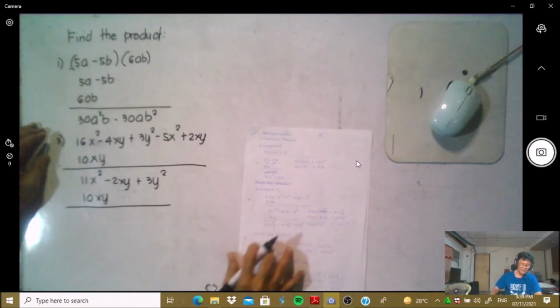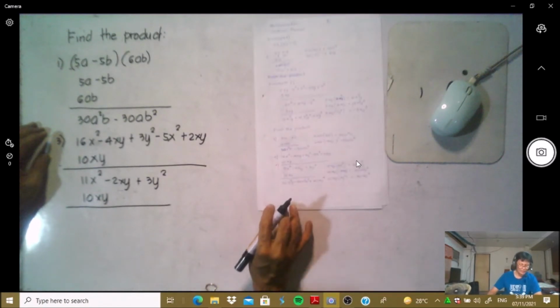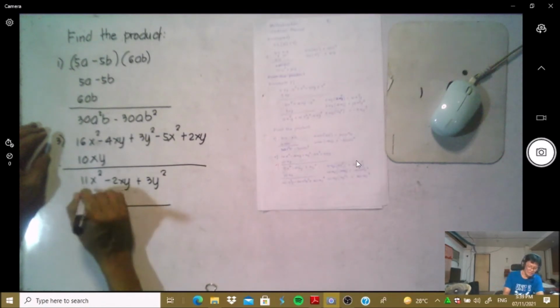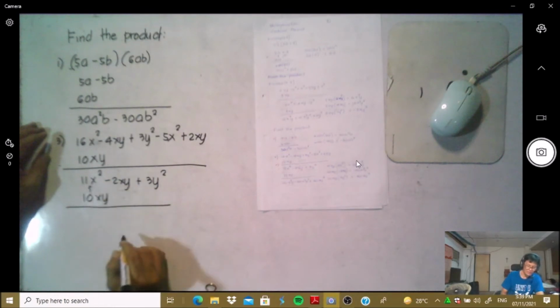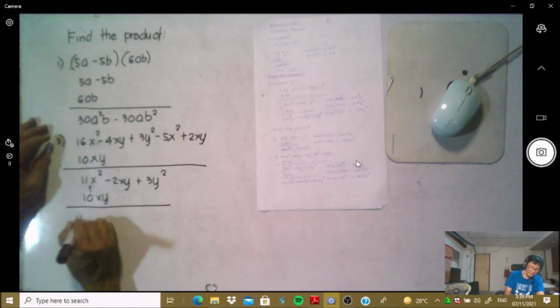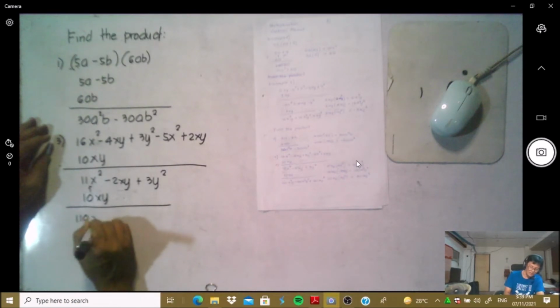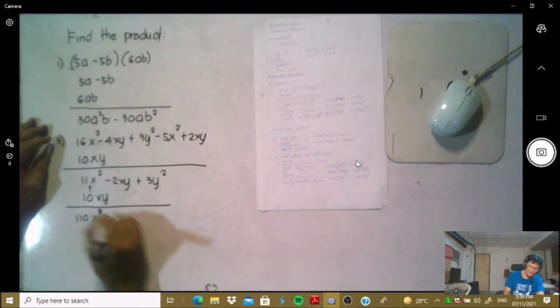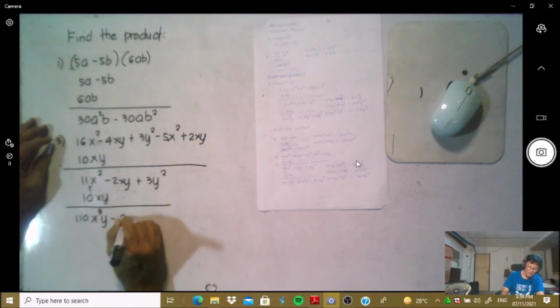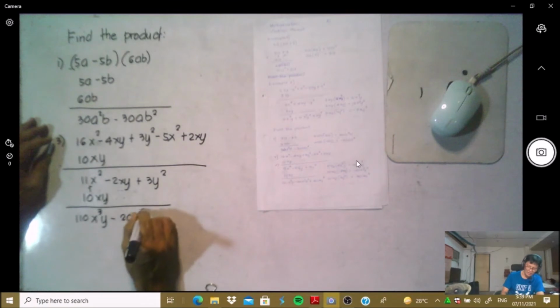Okay. So what we're going to do, we have to multiply this first here. So we have 10 times 11 is equal to 110. Then we have x cubed y. Then minus 10 times 2 is equal to 20 x squared y squared.